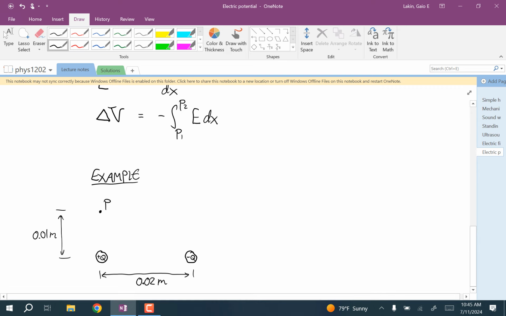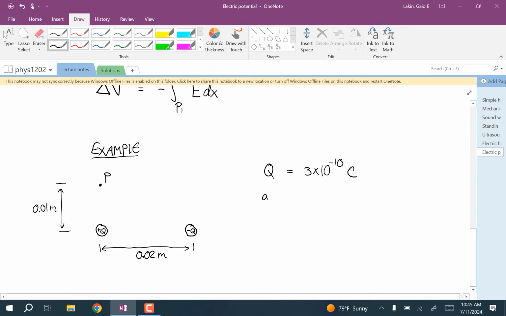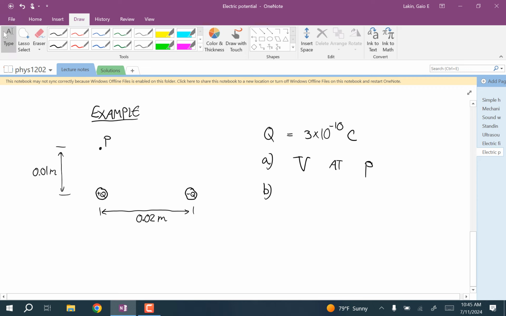And let's say that Q is 3 times 10 to the minus 10th coulombs. First, calculate the electric potential at that point P. And then second, what's the potential energy for a proton at P.